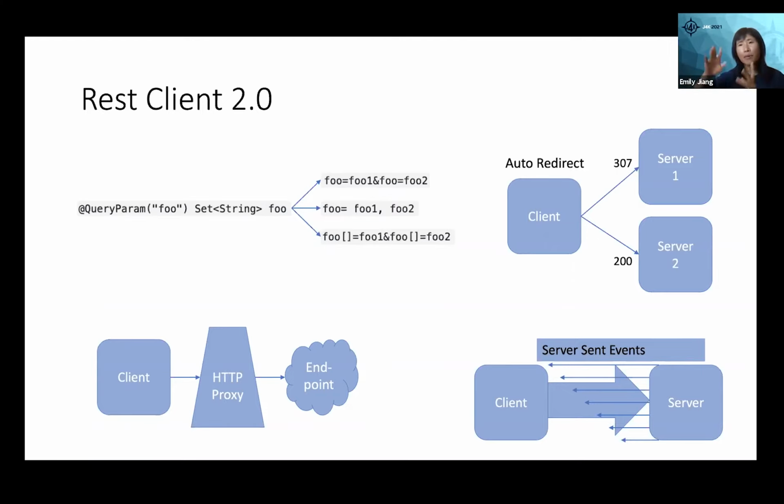If you set up one backend, however, that backend is replaced by another backend, it will have auto redirect functionality. Now the REST client owns that. So when it receives a 307, it automatically goes to the new destination, and eventually you'll get a 200 back.